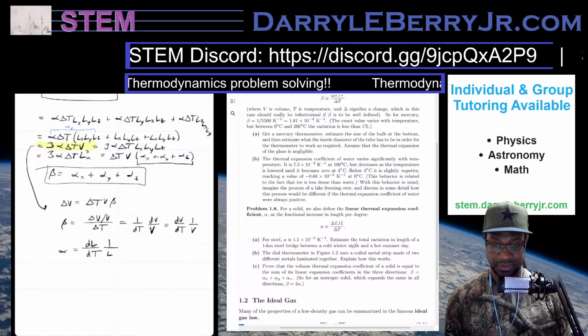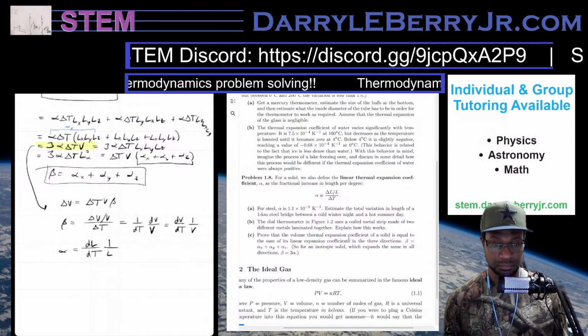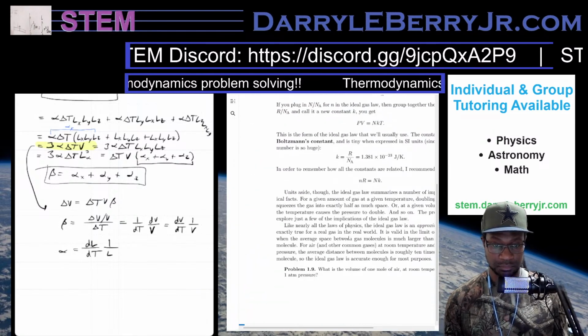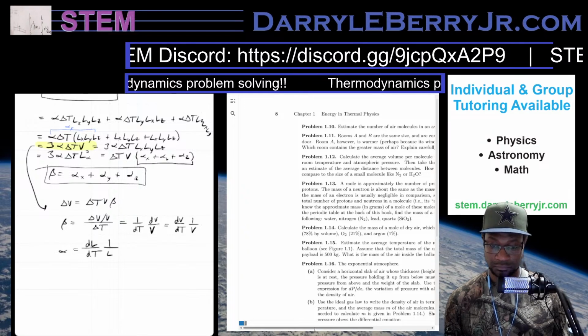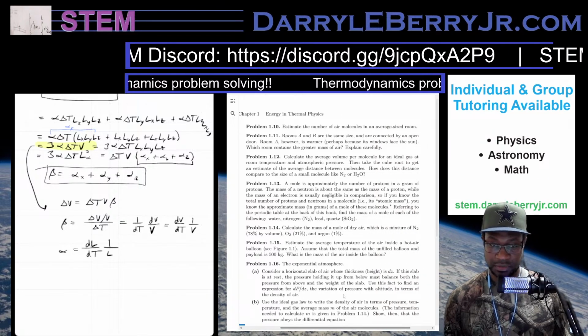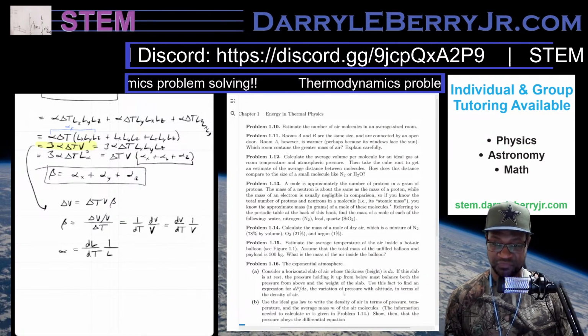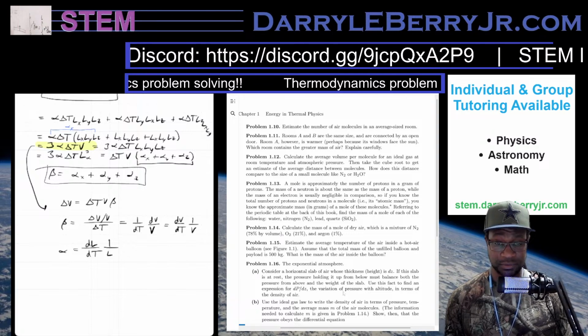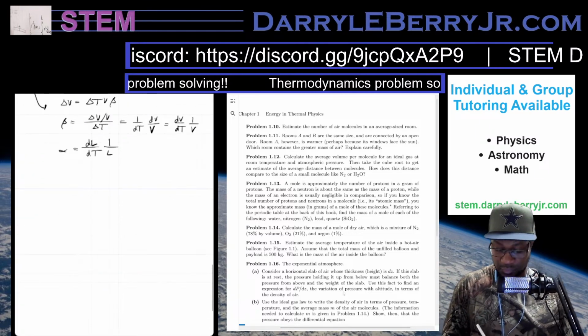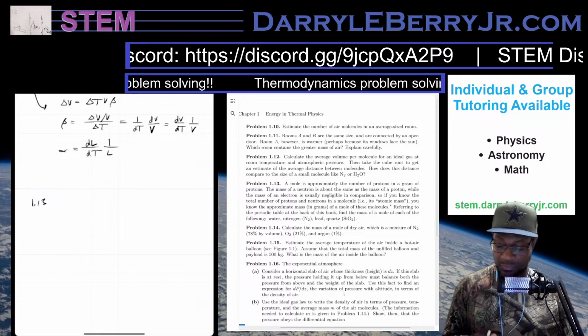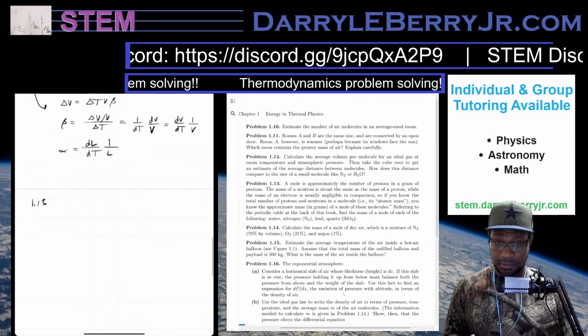The next one is 1.13. A mole is approximately the number of protons in a gram of protons. This is 1.13, right?